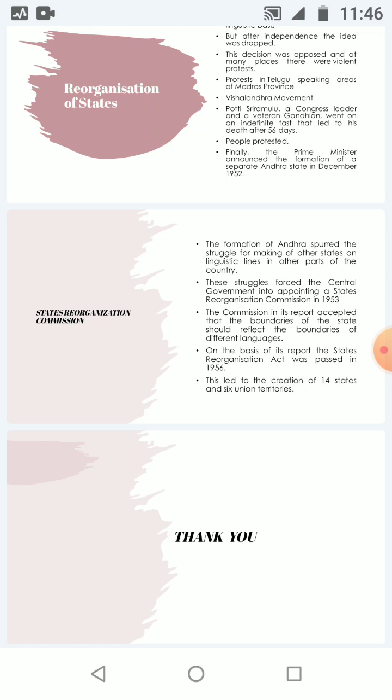When the freedom movement was going on to come out from the clutches of the colonial rulers, the Congress leaders promised the people to draw the boundaries of internal states on the basis of language, but it was dropped. Because of it, there were protests in many places.